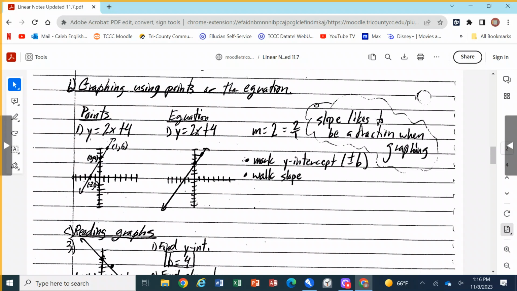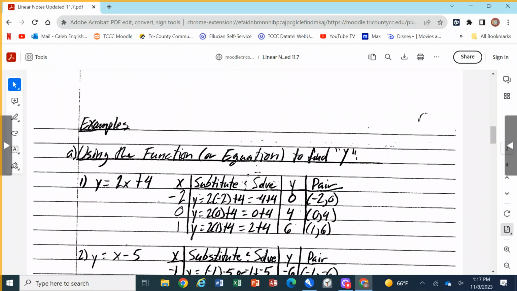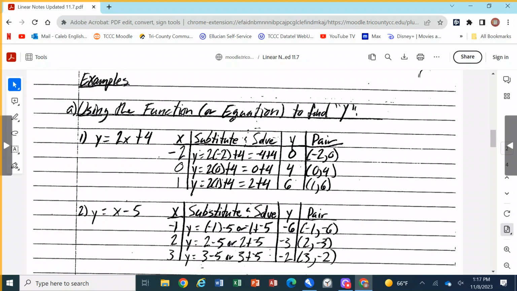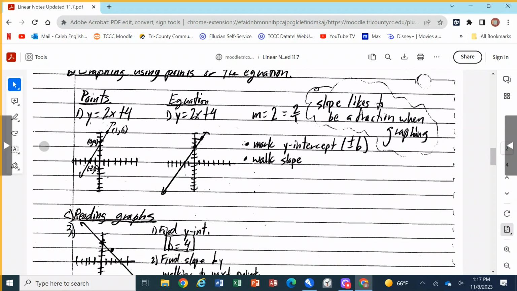All right, graphing using points versus graphing using the equation. We've got the same equation here for both of these: y equals 2x plus 4. This is the function from the first table. So you've got 3 ordered pairs from that table: (-2, 0), (0, 4), and (1, 6).